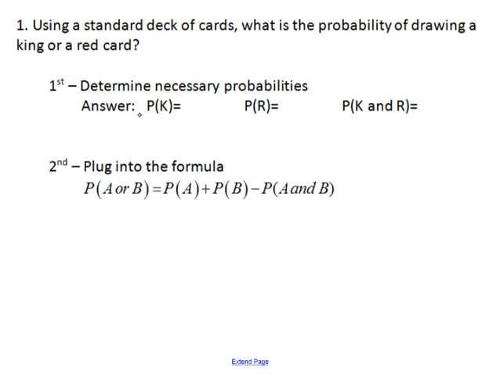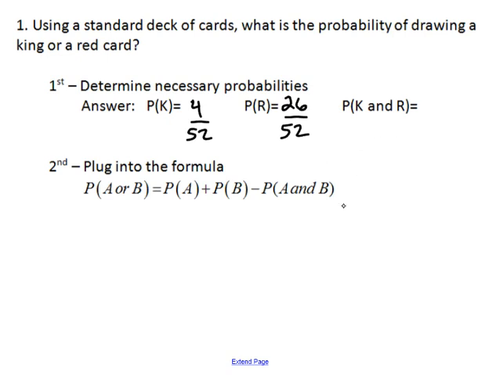All right, so determine the necessary probability. So the probability of a king, well, there are 4 kings in a deck of cards. Of course, this could be reduced down to 1/13. I almost always leave this as 4/52, though. The probability of a red card, well, half the cards are red, so you actually know it's going to be 1/2. But if half the cards are red, that means 26 out of the 52 cards are red.